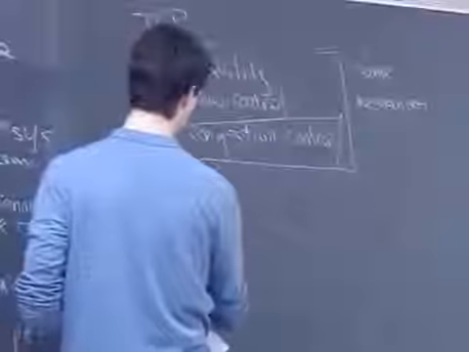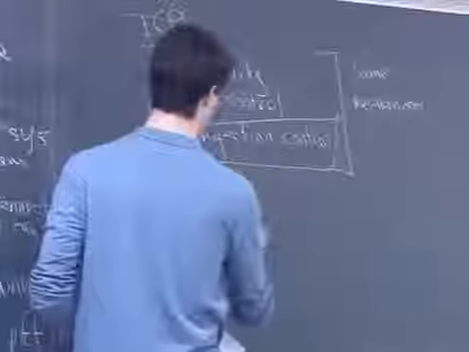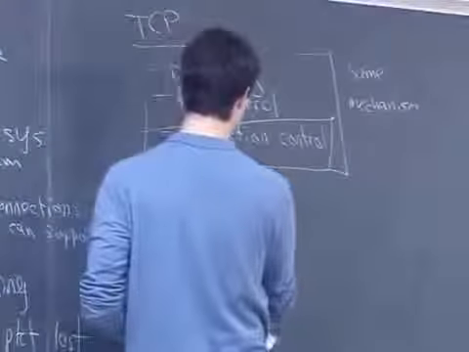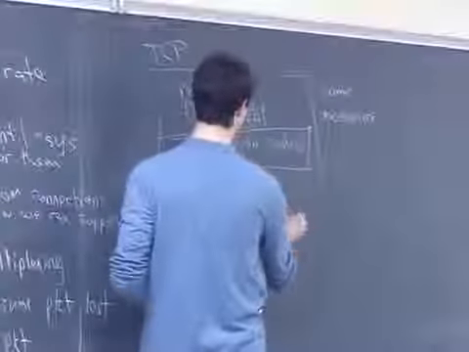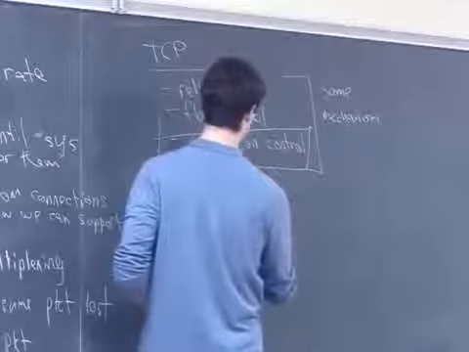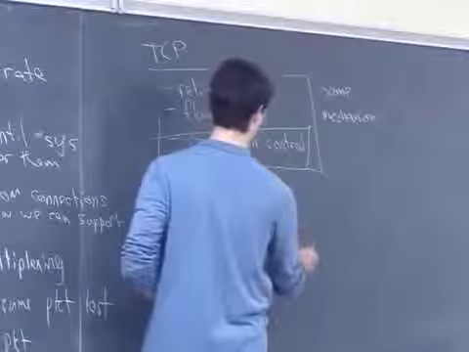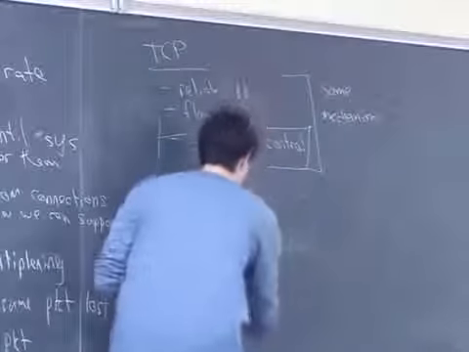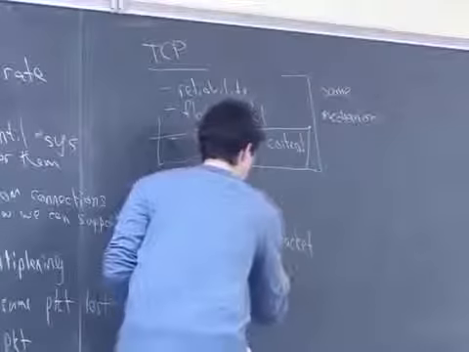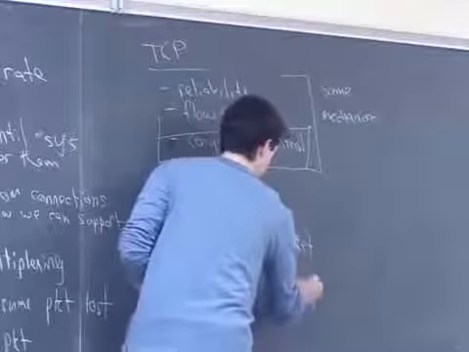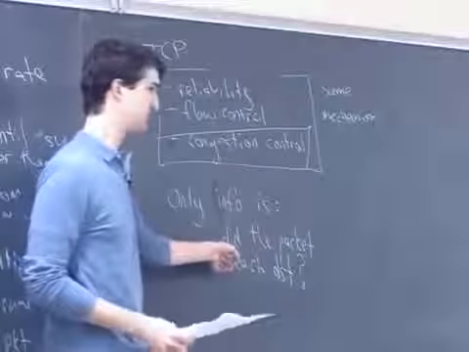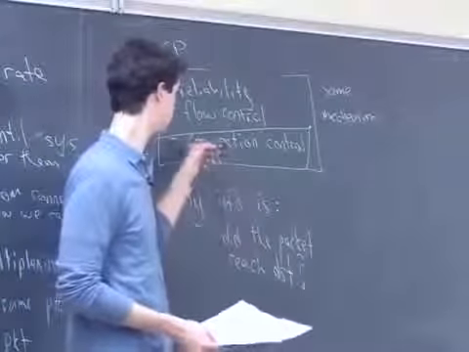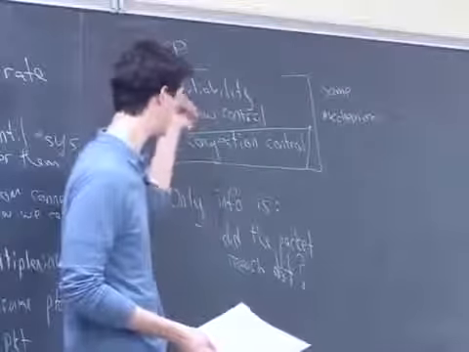So we want to provide all of these, and let's say the only information is: did the packet make it? So by answering this question, we're able to do congestion control, flow control, and obviously reliability.